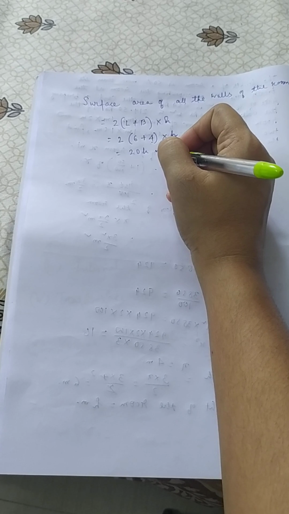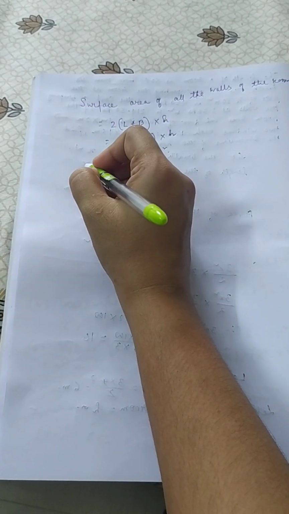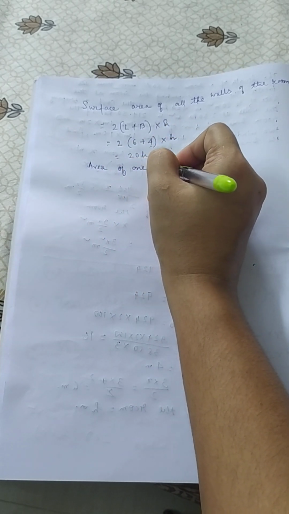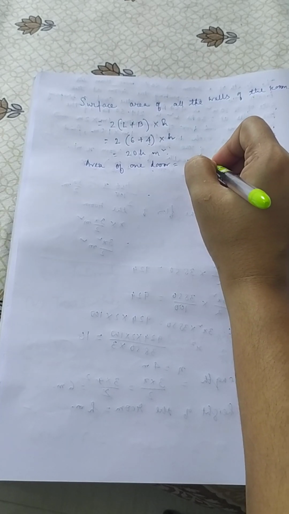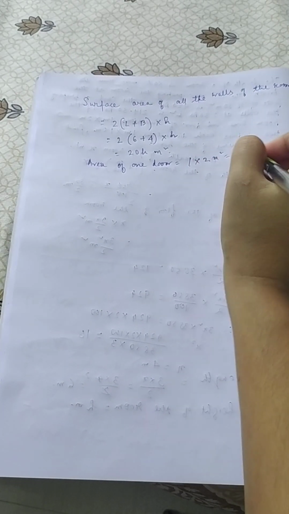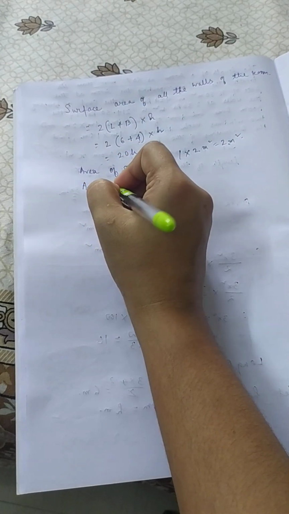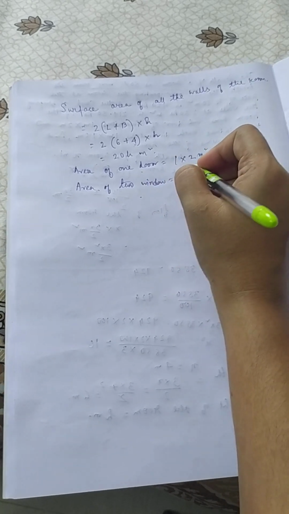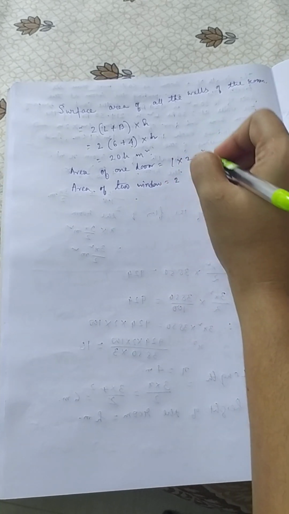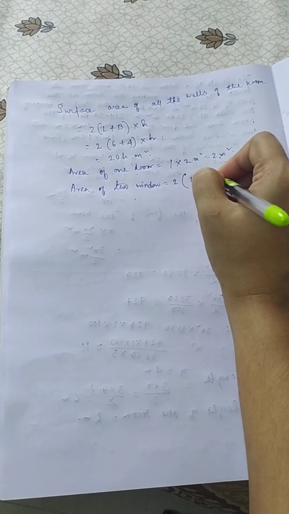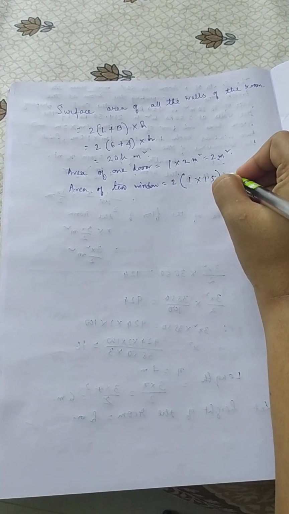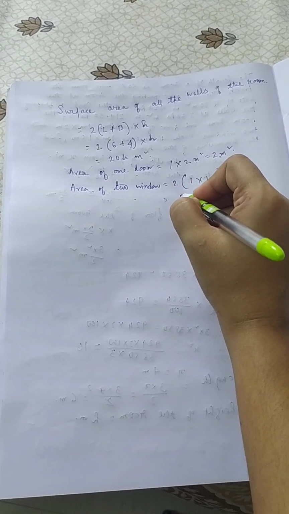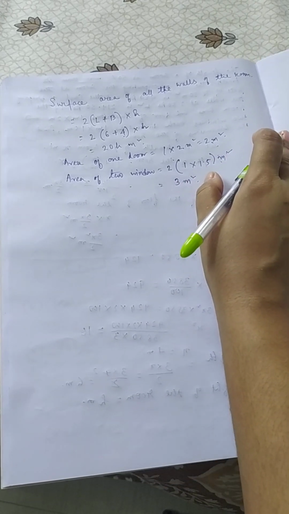Okay. Now area of one door, dimension also given. So area of one door is 1 into 2 meter square, that is 2 meter square. Area of two windows, dimensions were also given there, 1 and 1.5, as 2 windows. So 2 into 1 into 1.5 meter square, it will be 3 meter square, right?